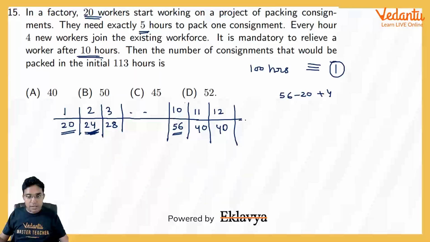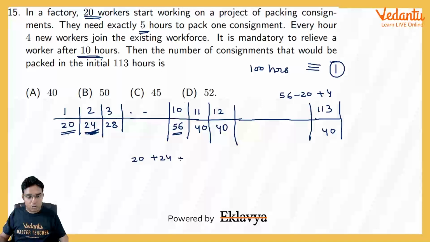So this will keep happening till my 113th hour. So by first hour I am having 20 work hours, then 24 and so on. I have an AP till 56, and then 40 work hour work for every hour from 11 to 113, and this will be 113 minus 10, that is 103.